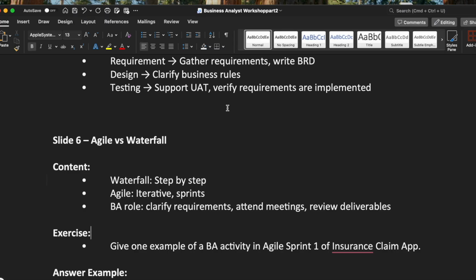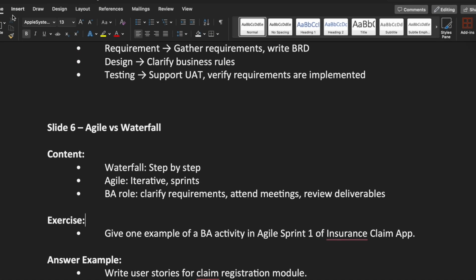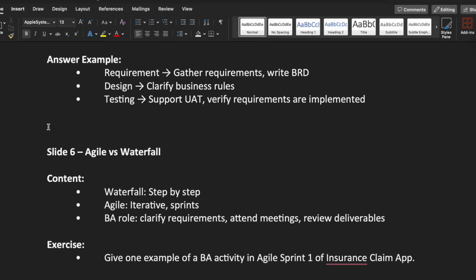So you didn't get the sprint, or the Agile sprint, this one?